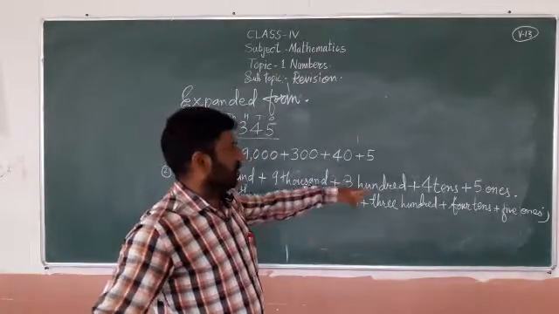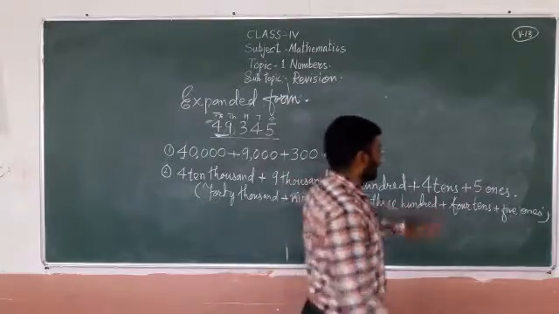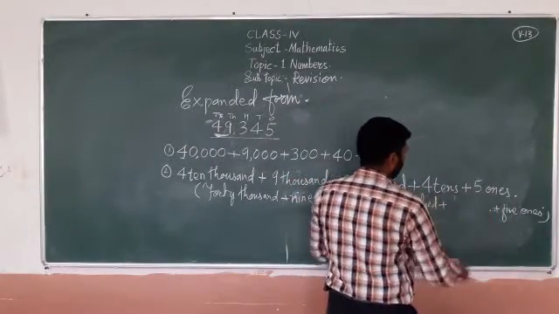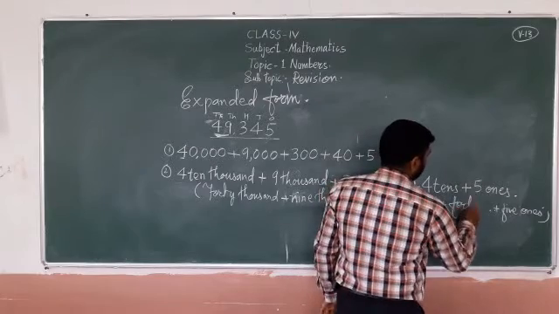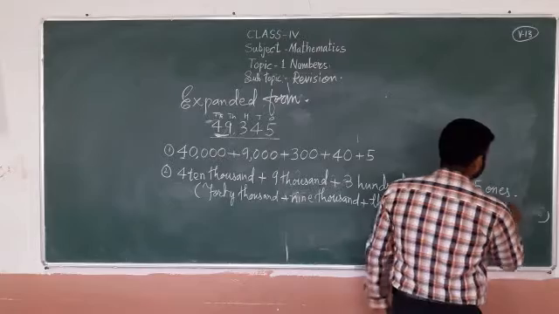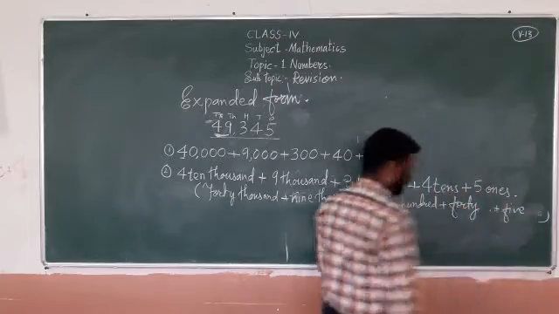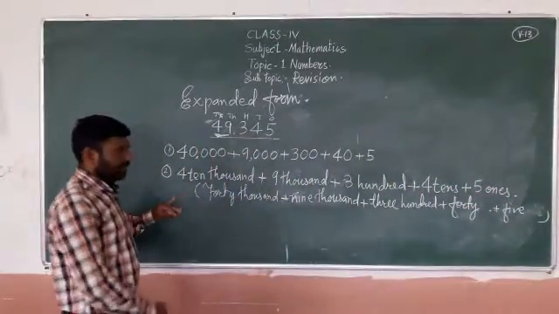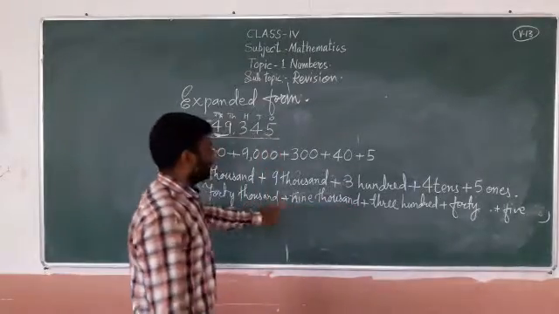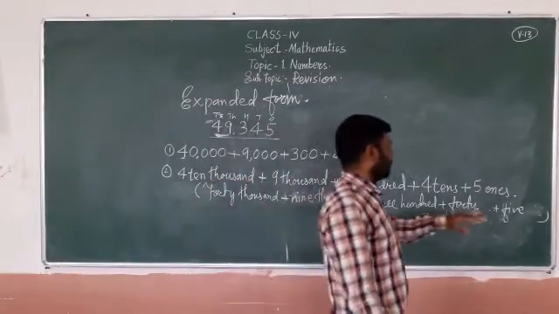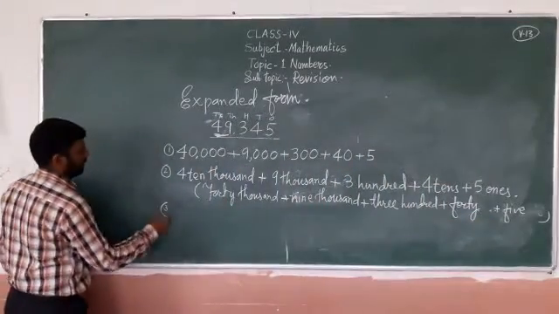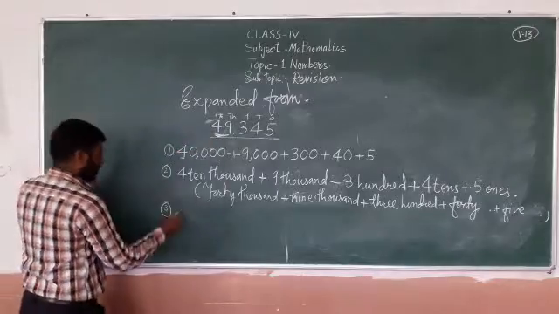Or you can write here instead of 4 tens, 40 also, and here 5. Like this also in words. Okay, means 40,000 plus 9,000 plus 300 plus 40 plus 5. Understand?